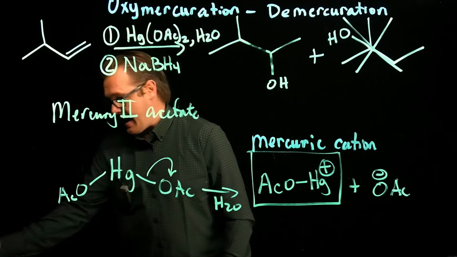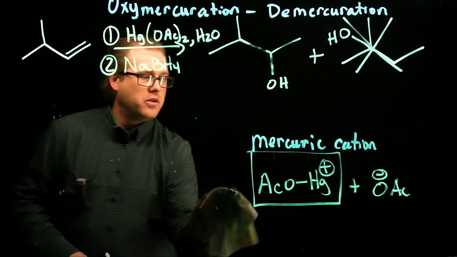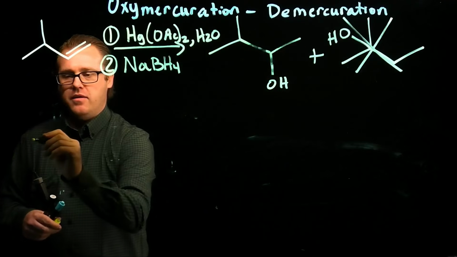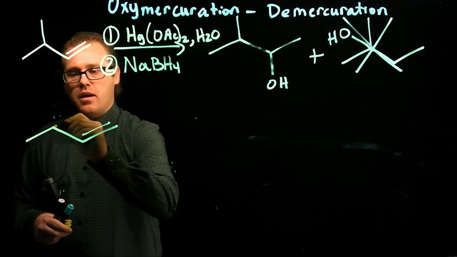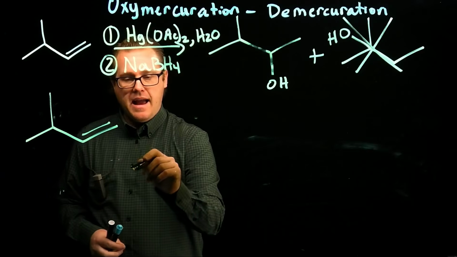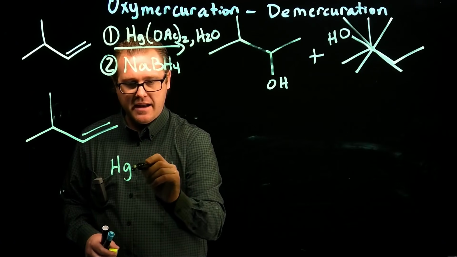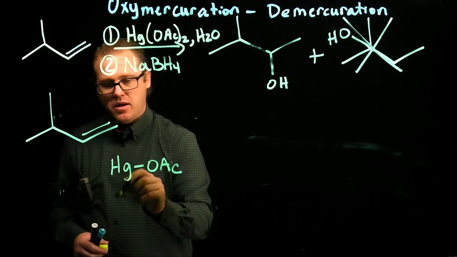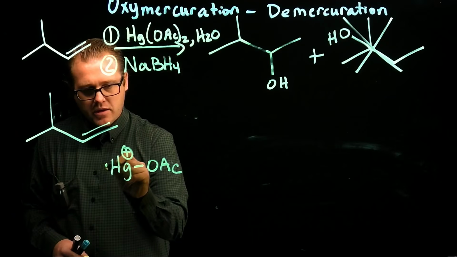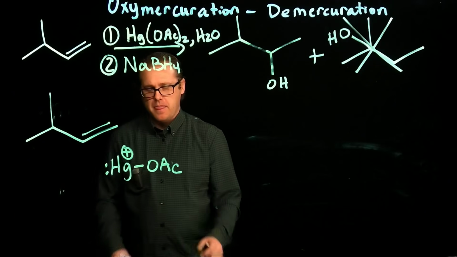So let's take a look at how that's going to proceed. What's going to happen is we have our alkene right here, which is electron rich. And now we have our mercuric cation here, like so, and that's positively charged. But it also has a lone pair there, which is going to be important to understand.